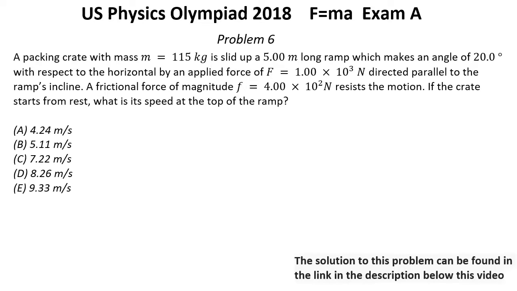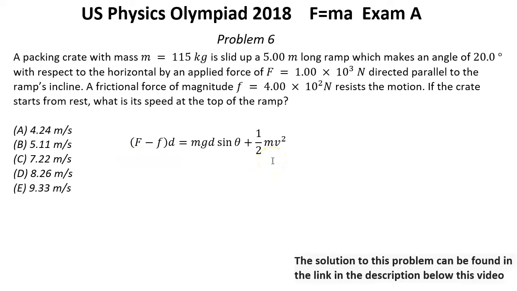Solution for problem number 6. Here we can use the work-energy theorem, and we see that applied force F minus force of friction f, multiplied by distance 5 meters, must be equal to the potential energy at the end of this incline plus kinetic energy, which will give us an equation like this.